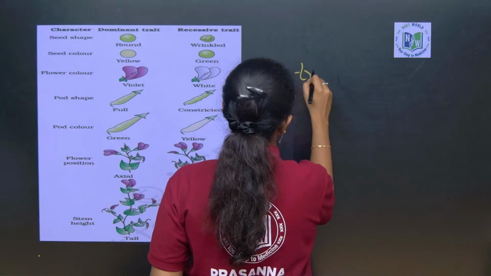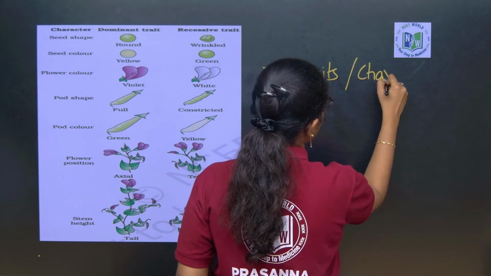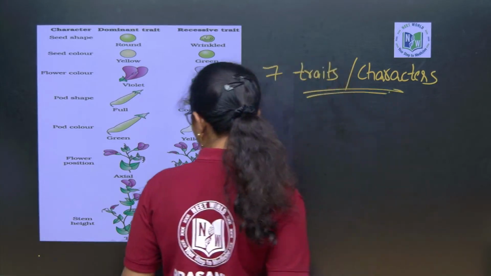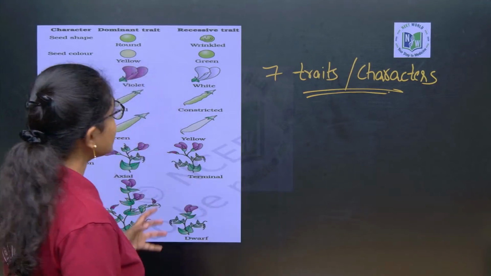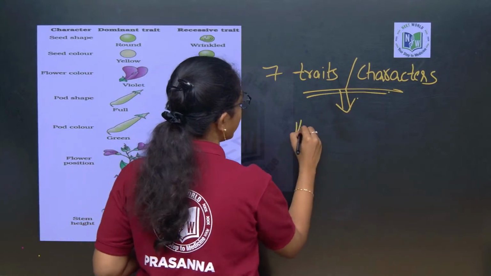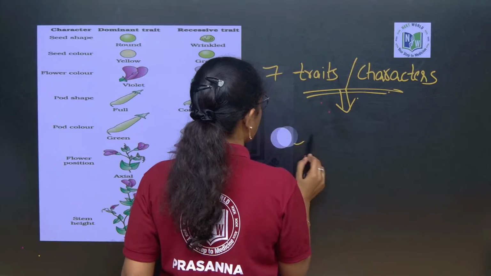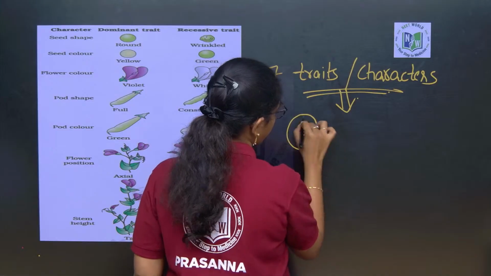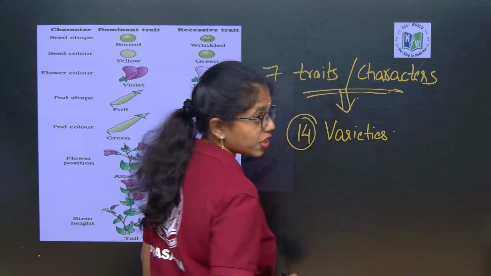These 7 traits or characters have how many varieties? 14 varieties, or variations you can say.